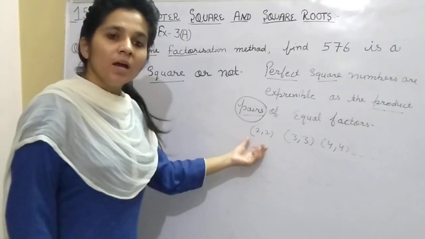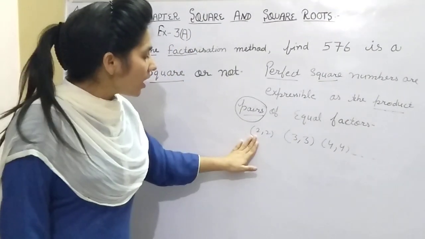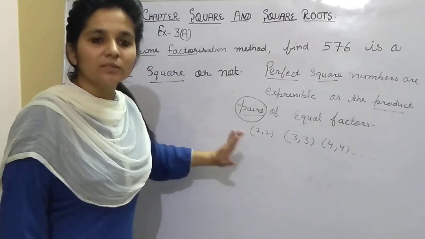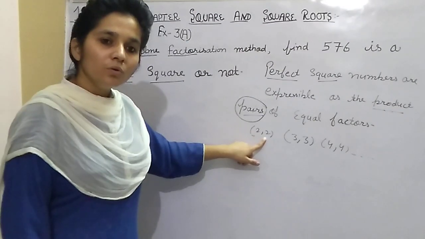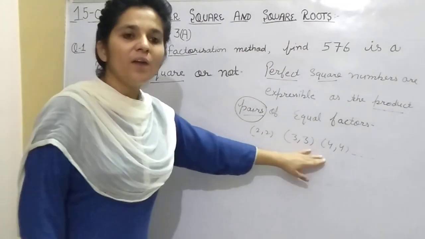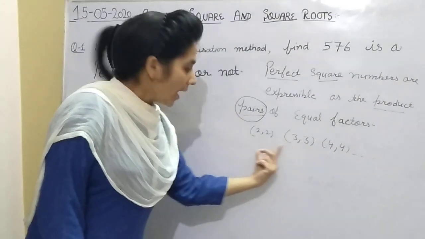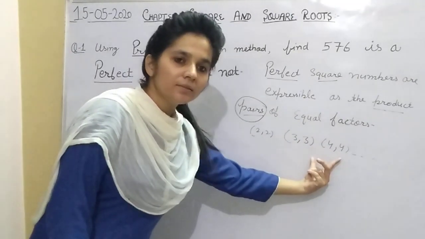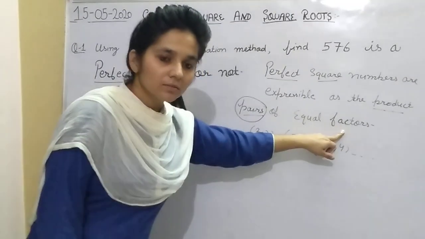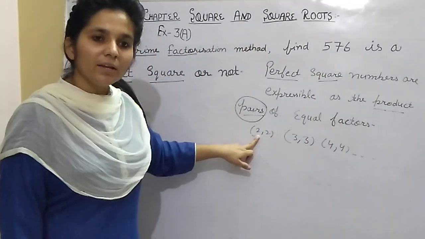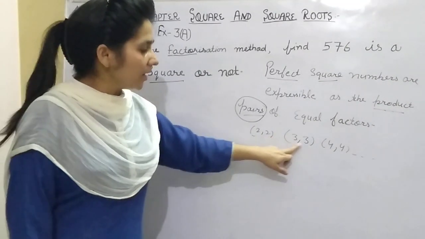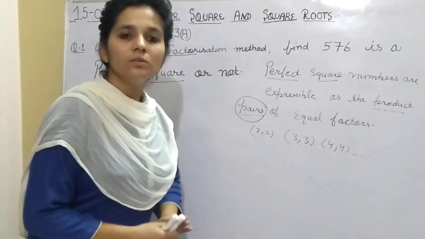Pair means the numbers having equal factors, like 2 2, 3 3 and 4 4. There are 3 pairs, and all 3 pairs have equal factors, like 2 2, 3 3 and 4 4.